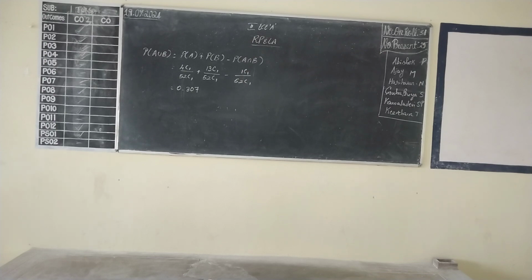Don't blindly write A first person, B second person, C third person. Okay, so start the solution. Let A be the event denoting the first person hitting the target.